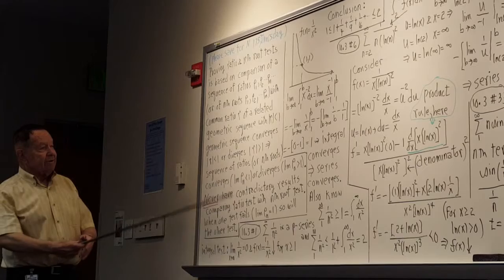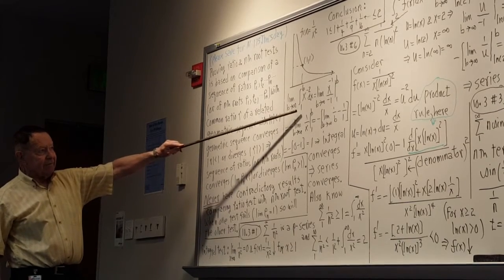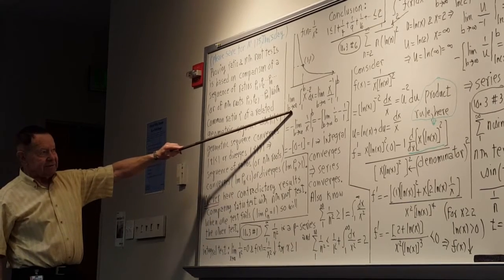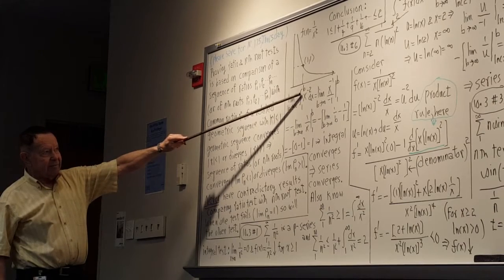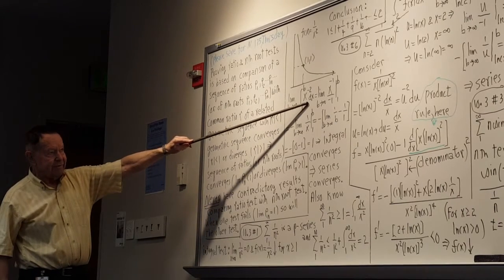And then you do the improper integral, limit as b becomes infinite, integral 1 to b of this as a function of x.